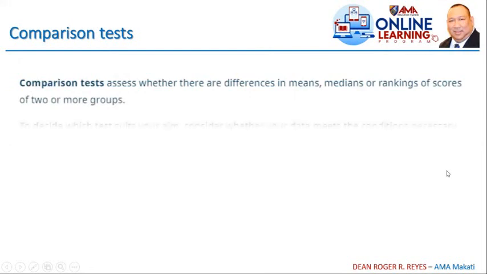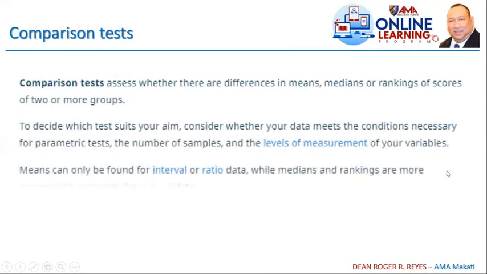Now, for comparative researches, we will use comparison tests. So comparison tests assess whether there are differences in means, medians, or ranking of scores of two or more groups. To decide which test suits your aim, consider whether your data meets the conditions necessary for parametric tests, the number of samples, and the levels of measurement of your variables.